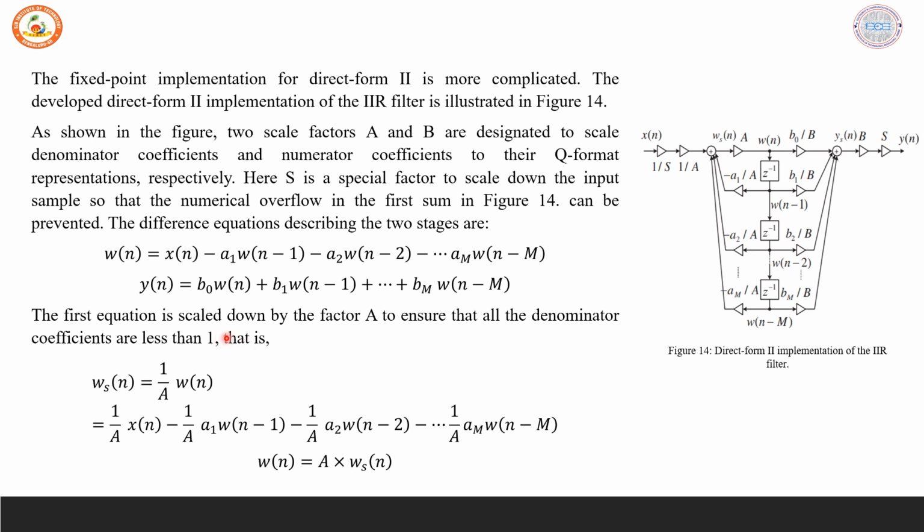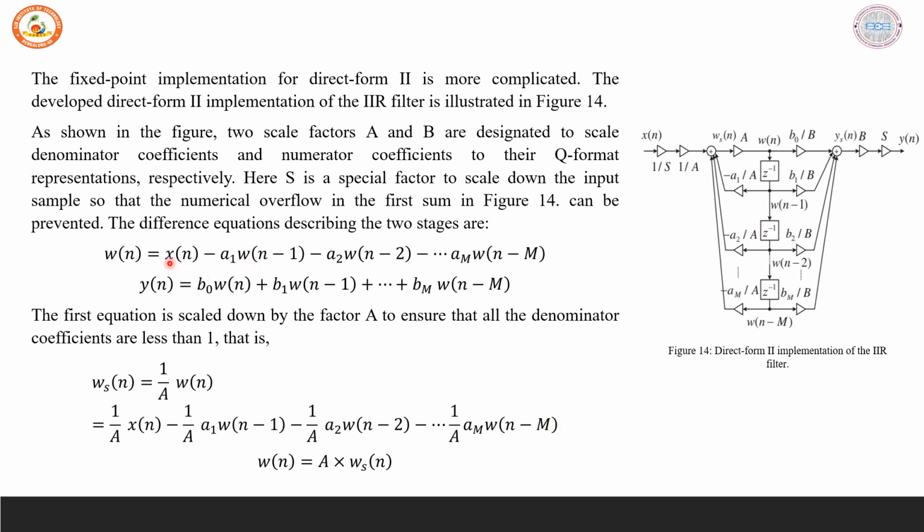This first equation is scaled down by a factor which is capital A to ensure that all the denominator coefficients have a value which is less than 1. Or in other words, we obtain the value ws of n from w of n by scaling it by 1 by A. This equation could be implemented as 1 by A times x of n minus 1 by A times a1 of w of n minus 1 and so on.